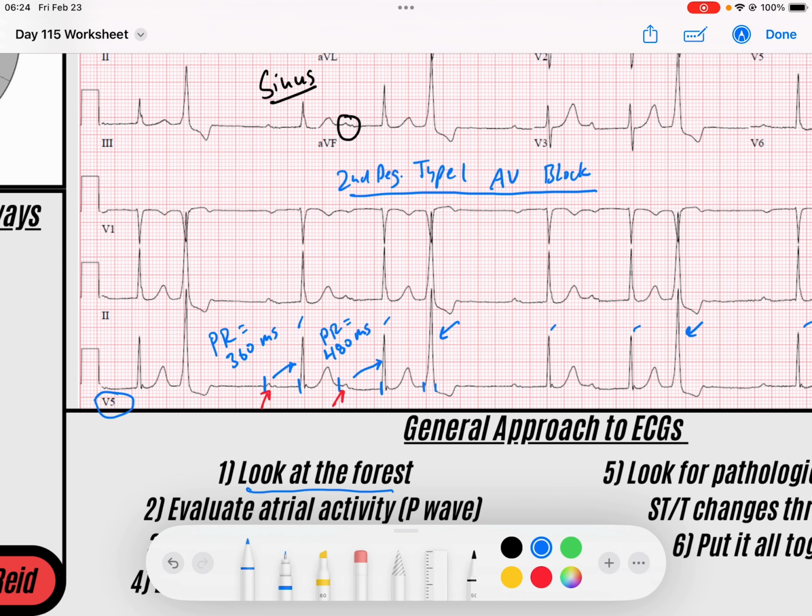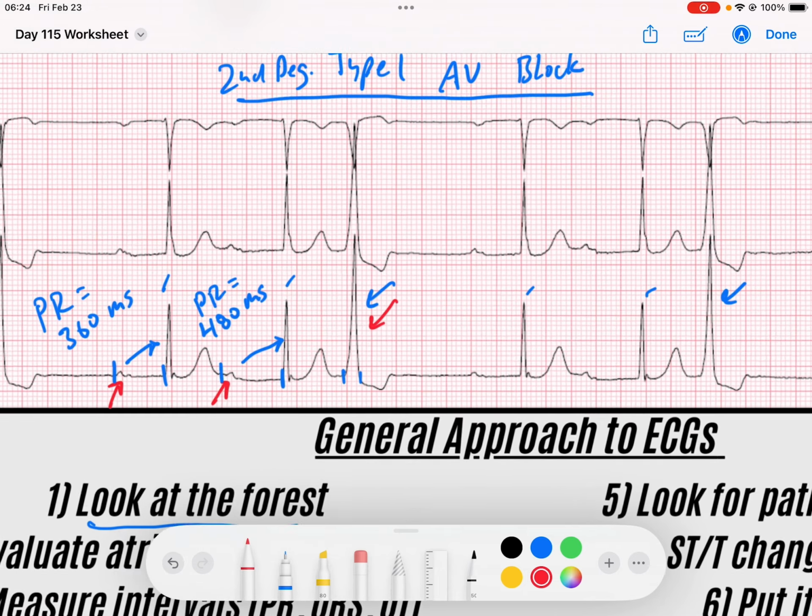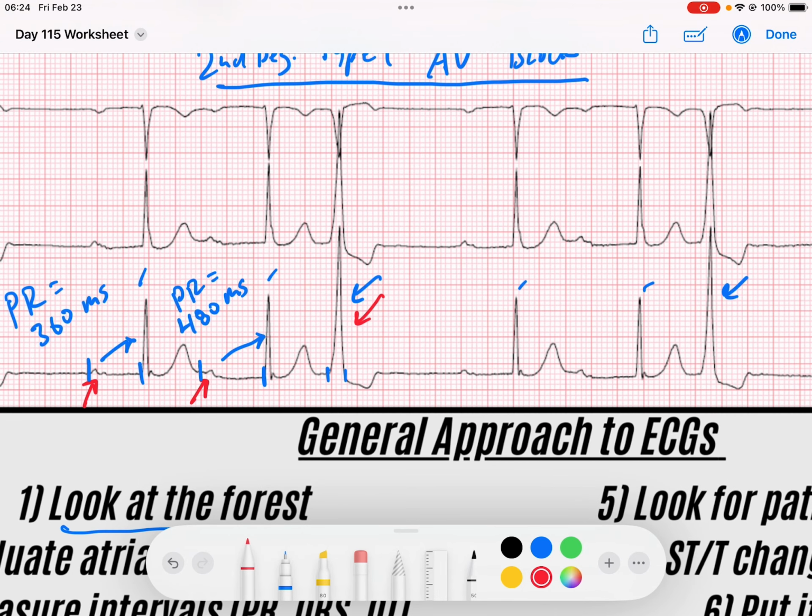Well, we know that at some point in a second degree type 1, we need to have a P wave that drops a QRS complex. But we have these early beats here that are getting in the way. If you look at those early beats, they're wide complex beats. I think they're premature ventricular contractions, but I need to make sure that there's not a P wave that occurs before them.